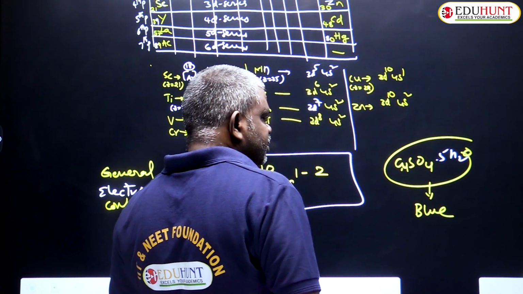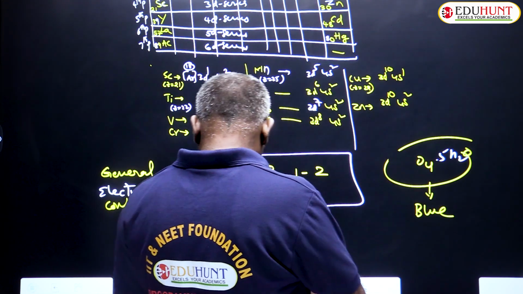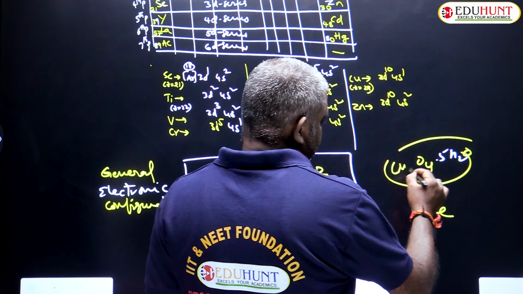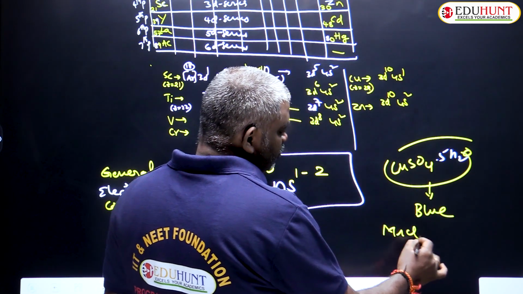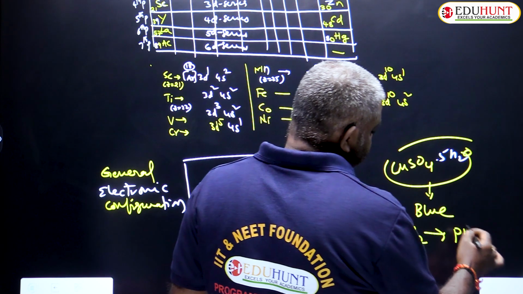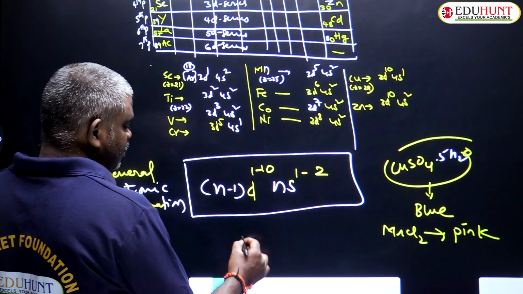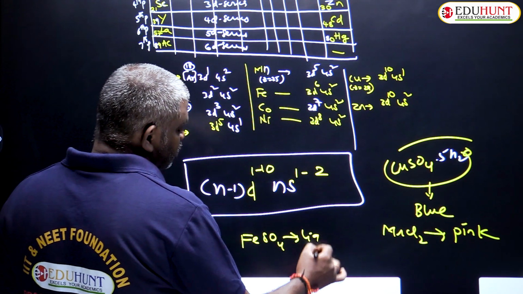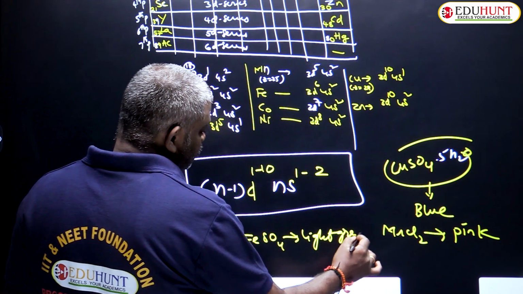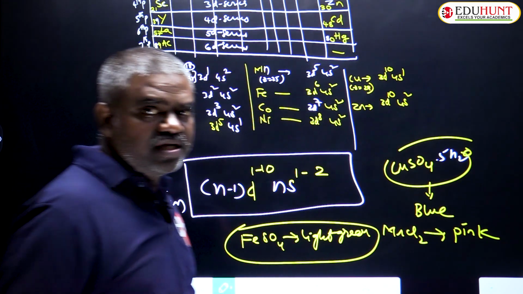If you take manganese chloride, MnCl2, it is a pink color salt. If you take ferrous sulfate, it is a light green color salt. See, d block elements exhibit colors.